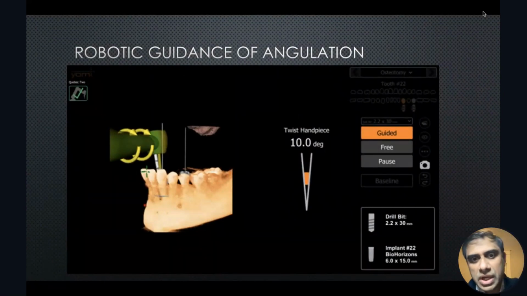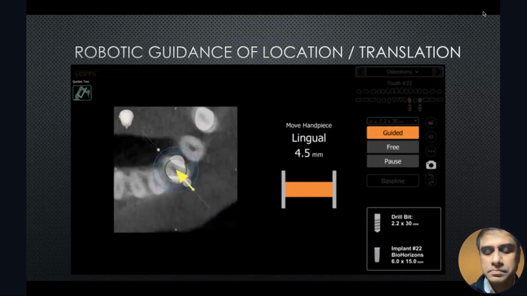So this is what I was talking about: as you're trying to place the handpiece, it's asking you to move a certain degree, 10 degrees in this case, and then you're in the right position or location. Next slide, please. In this situation, it's telling you, look, go more lingual, 4.5 millimeters lingual, and then you'll be on the right spot.